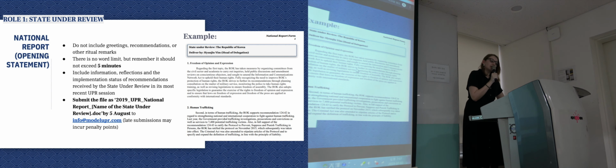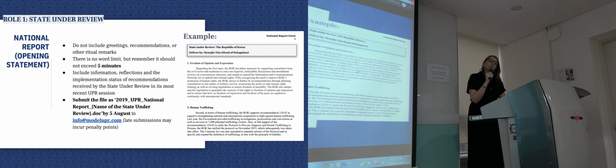So just to give you some examples about how to structure this national report, you can find more examples on our website, but here is an example of how the Republic of Korea opened up their review last year. Your national report should not include any kind of greetings or recommendations or other ritual remarks. It's just a concise summary of the present conditions of the human rights issues at that time.